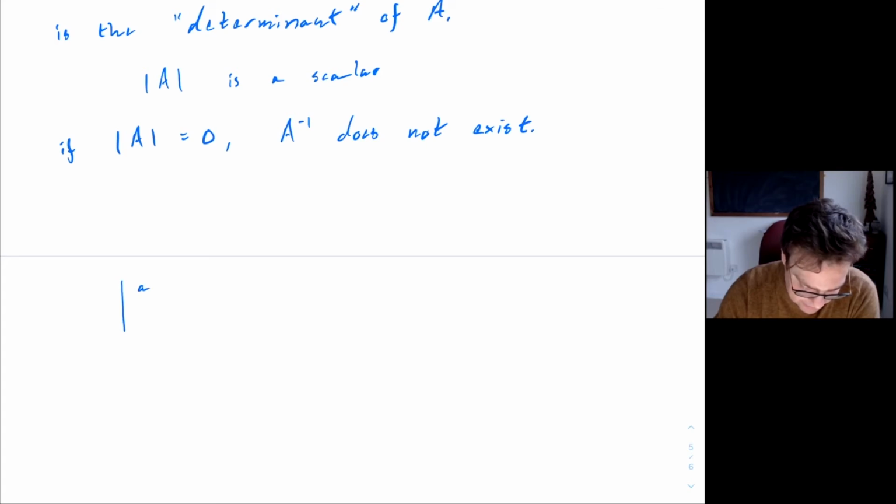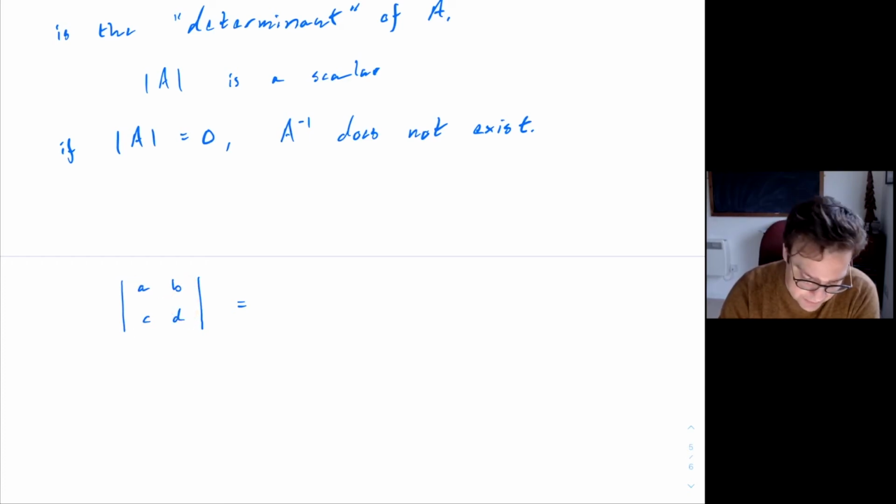Let's make a matrix A, B, C, D, and we'll take its determinant. So it's a 2 by 2 matrix, and here is how it works. What you want to do is multiply A times D, and then subtract B times C from that.